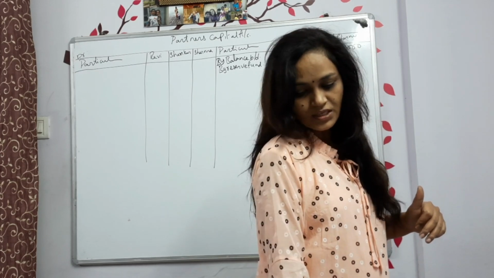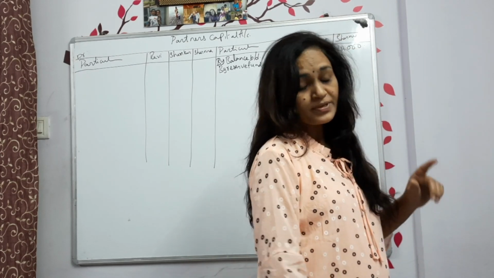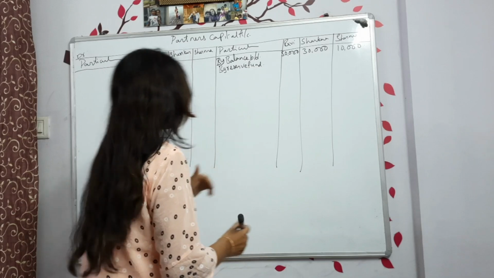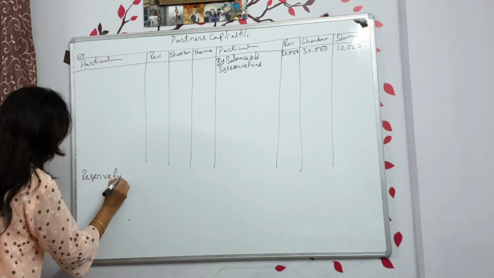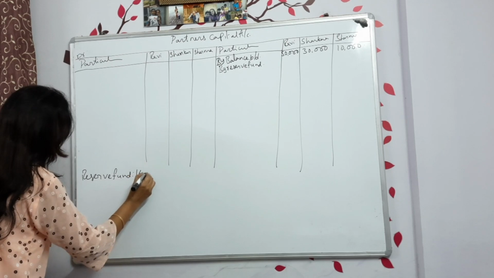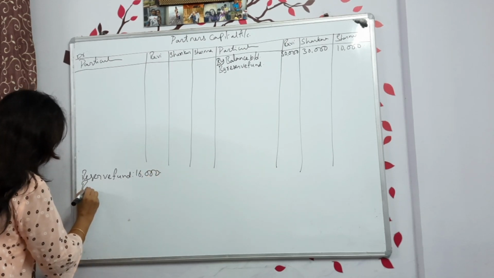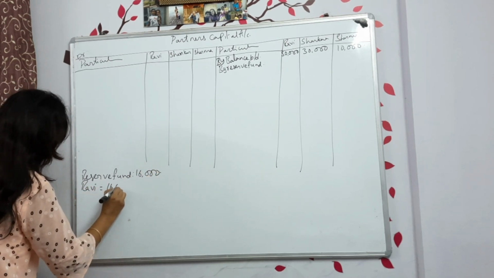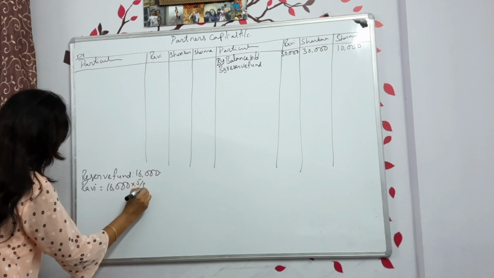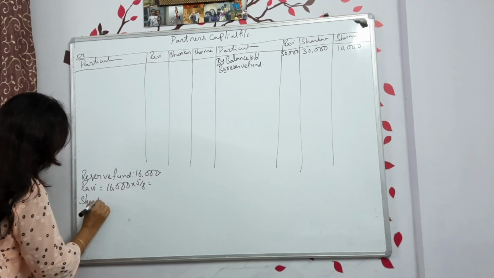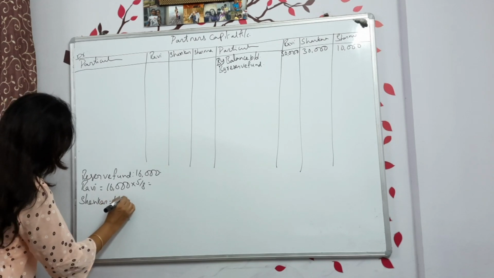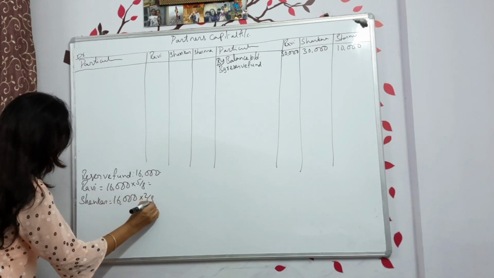It is 16,000. It should be shared between them in the ratio of 5:2:1. So, what is the amount? Reserve fund 16,000. Ravi, how much will he get? 16,000 into 5 by 8. Next, Shankar, 16,000 into 2 by 8.